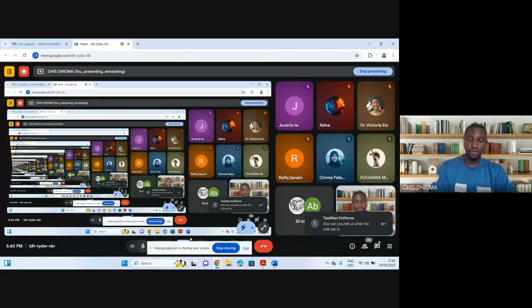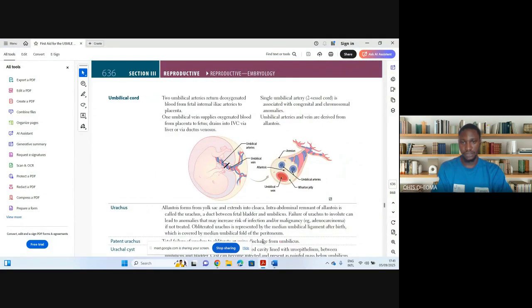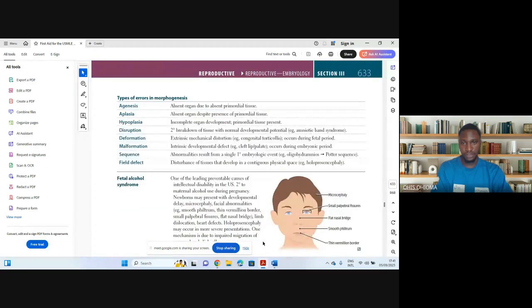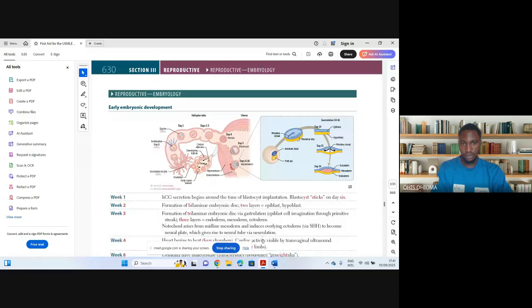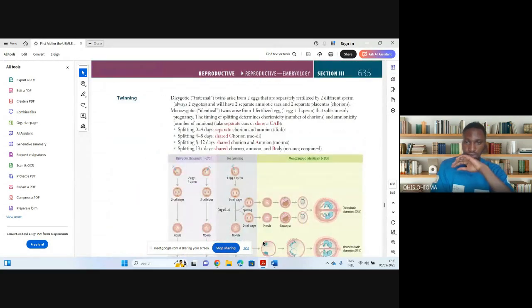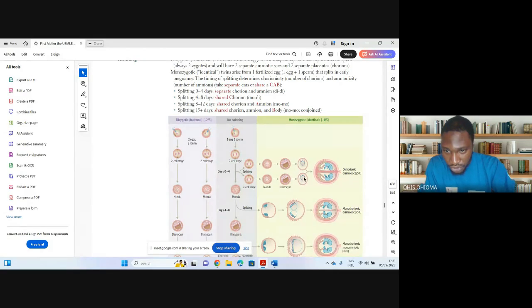Okay, so the yolk sac. I don't know why my first day doesn't have a diagram so that I can show you guys the yolk sac. This is not a very good diagram to illustrate it. Okay, so let me use this. Do you see this thing here?